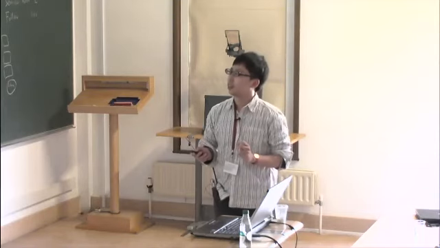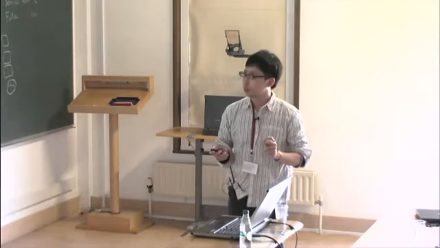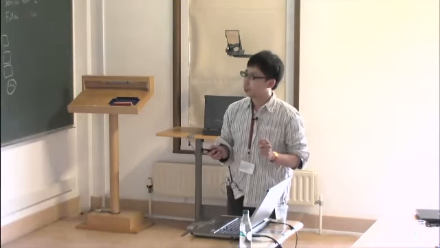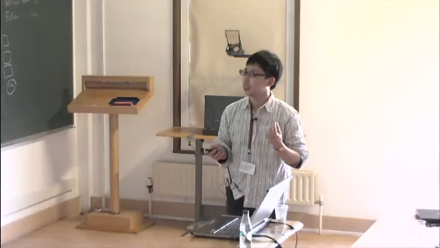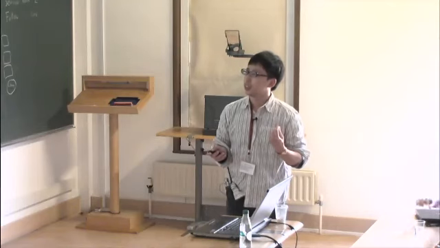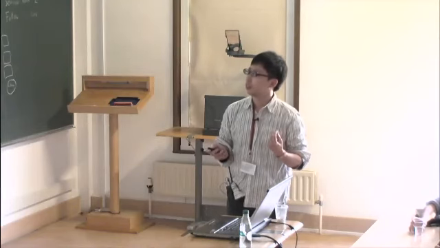In fact, we also checked explicitly the toy model, which is an E6 gauge theory with 1 plus 2 factorization. Then if we apply the parameterization we found, we actually explicitly see the reduction of monodromy from S3 to Z2.